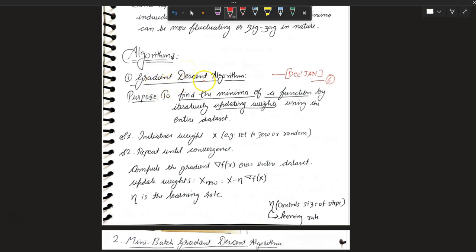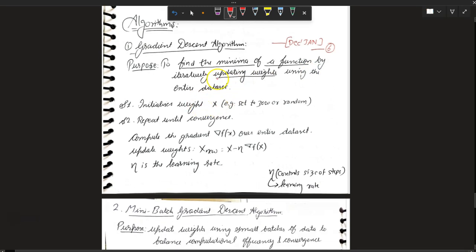The algorithm for gradient descent: what is the purpose of gradient descent? To find the minima of a function by iteratively updating weights using the entire data set. So how to proceed with this? Step 1 is to initialize weight x, then repeat until convergence, meaning until the value we need is similar to the calculated value.